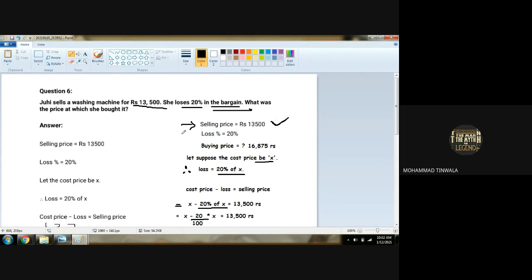We know that it is a loss, and we know it in percentage. We don't know the amount of loss. Okay? We don't know the amount, so we cannot do this sum easily, because 20% of loss has to be calculated on the buying price.